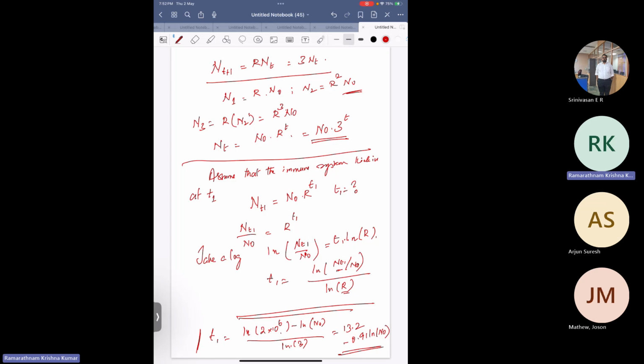1 means there's only one virus. As N naught increases, what happens? That number tends to 0. Generally, as a doctor, I'm asking you to conclude. The initial viral load is very high. What is the conclusion?